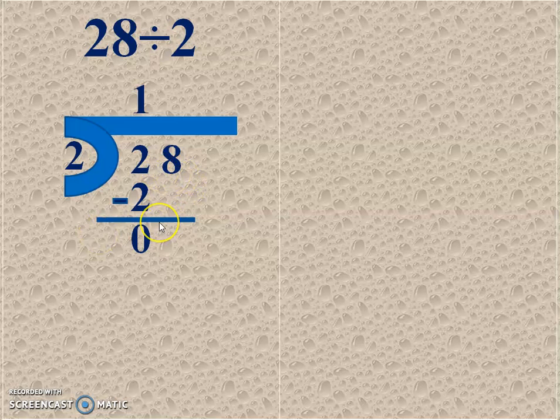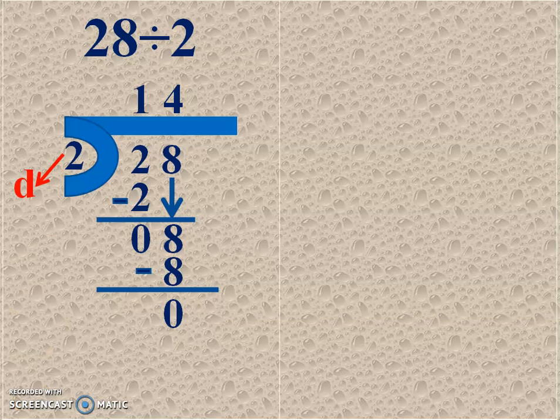Now we bring this 8 down. Now it's the turn for 8 to be divided. 2 4s are 8, and when we subtract 8 minus 8, we get answer 0. Here 2 is divisor, 28 is dividend, 14 is quotient, and 0 is remainder.